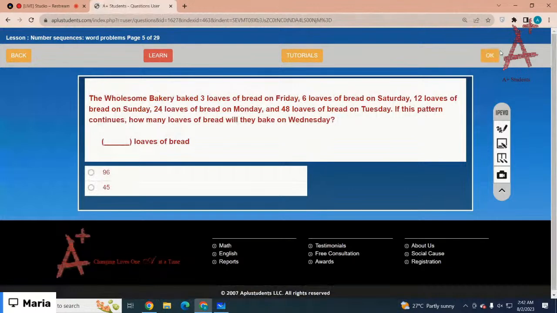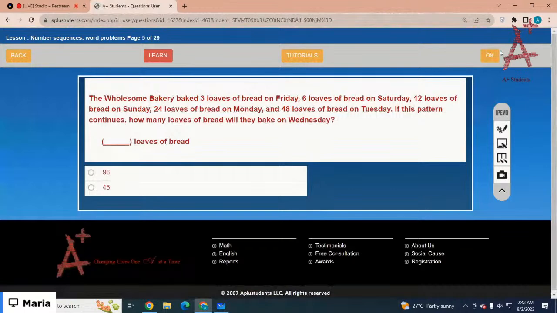The Wholesome Bakery baked 3 loaves of bread on Friday, 6 loaves of bread on Saturday, 12 on Sunday, 24 loaves of bread on Monday, and 48 loaves of bread on Tuesday.